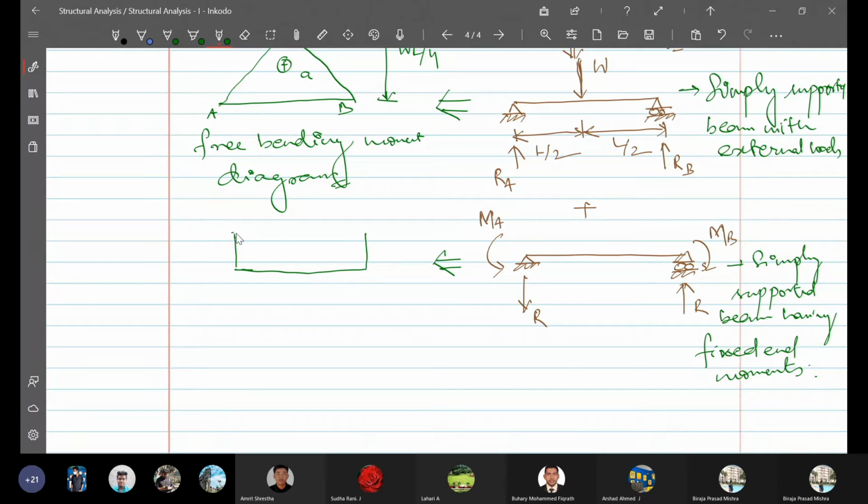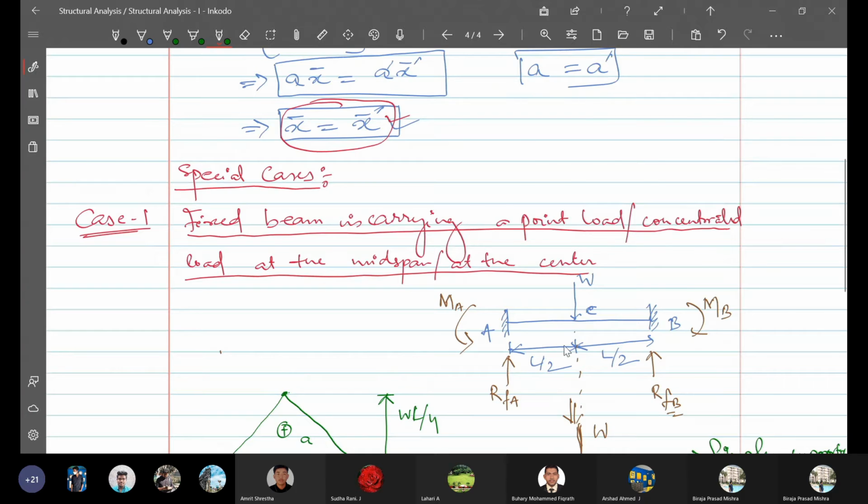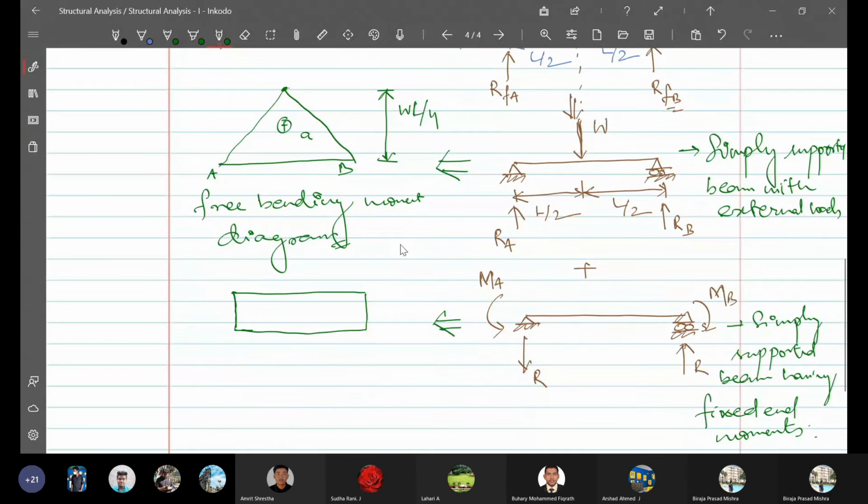Now, due to symmetry, this is L by 2, L by 2, so MA and MB will have the similar value.